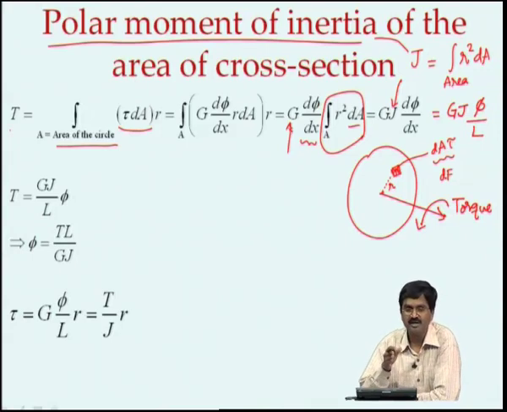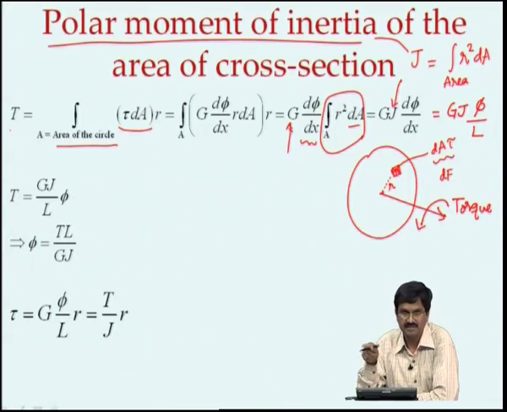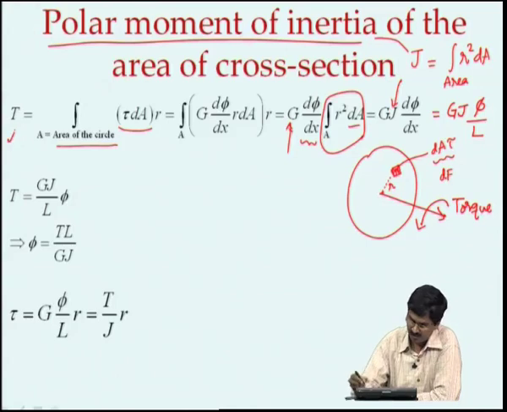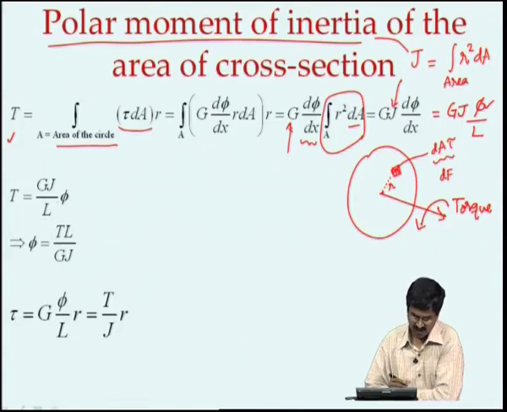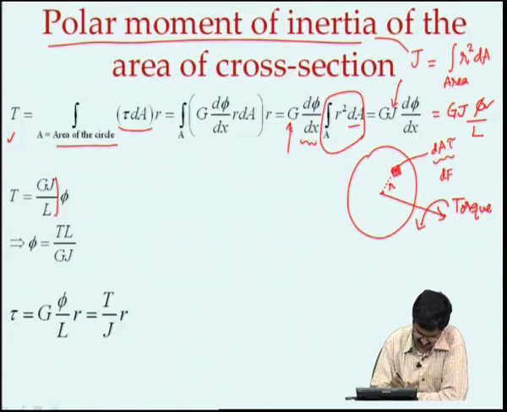We had Hooke's law to relate shear stress and shear strain. Now, we have got a relationship by using static equilibrium that relates torque with the twist, that is T equals GJ by L times phi, and this we can say is the torsional stiffness.